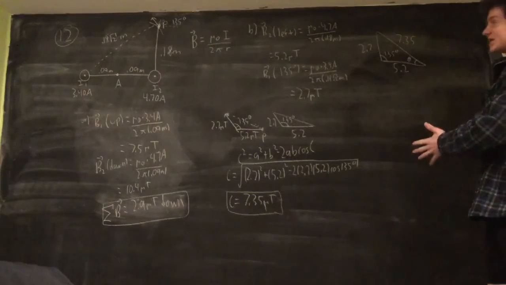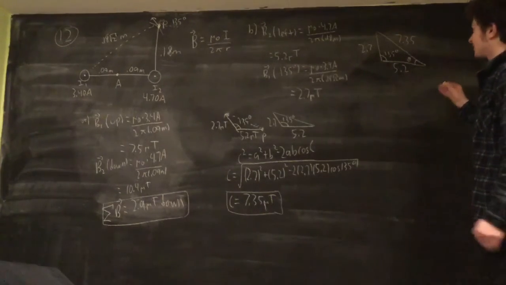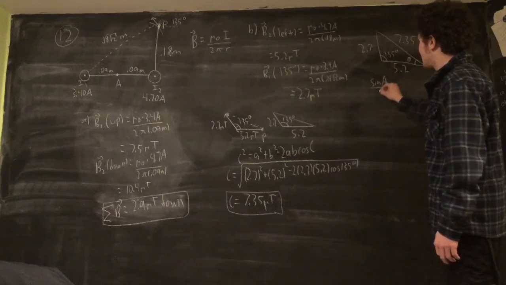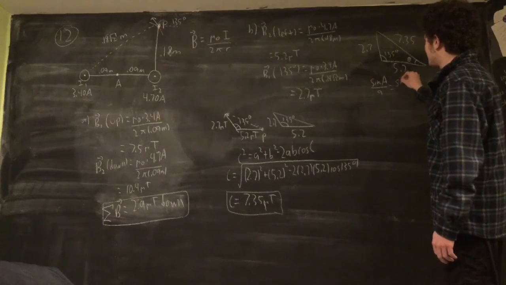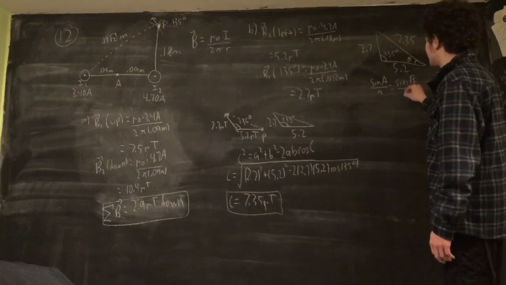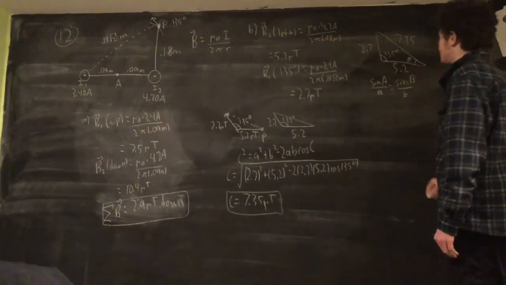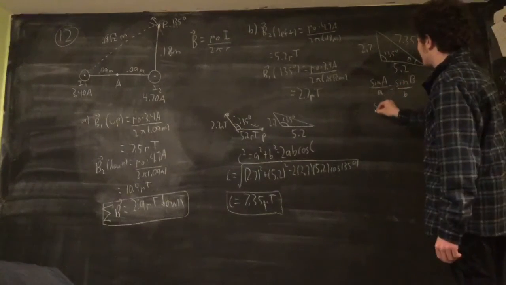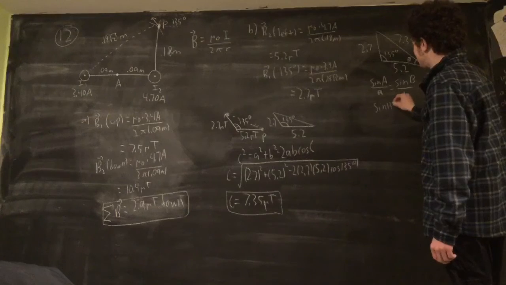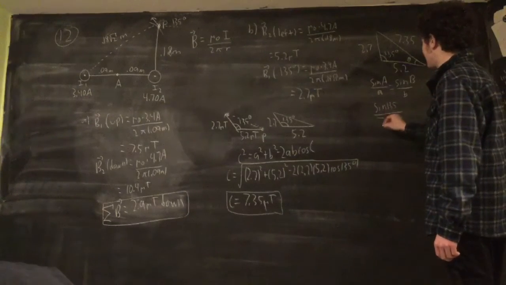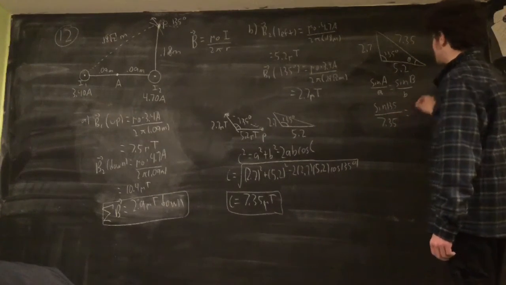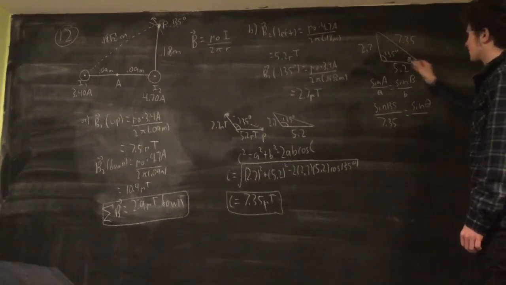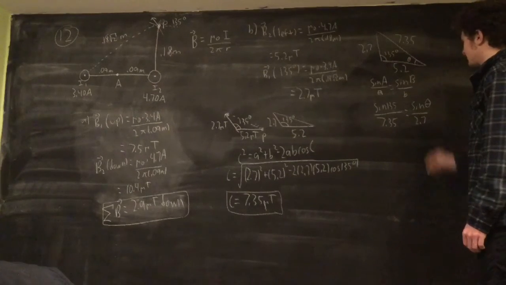Well, just like the law of cosines, there's a law of sines. The law of sines states that sine of A over the length of side A is equal to sine of B over the length of side B. So we could use this to solve for this angle. So we know that the sine of 135 over 7.35 is equal to the sine of theta over the opposite side, 2.7.